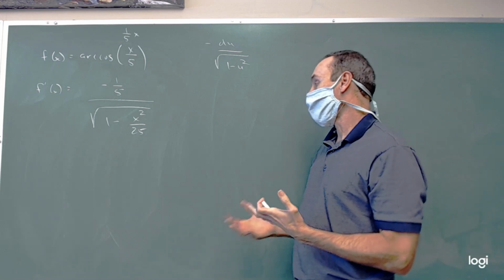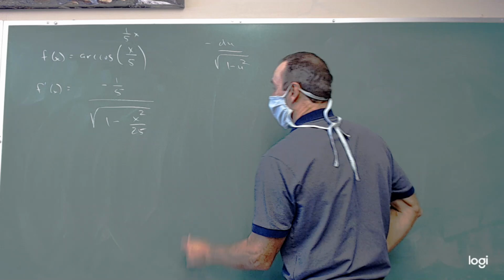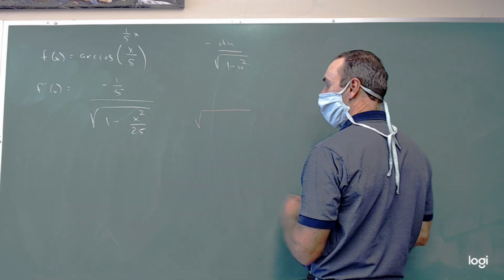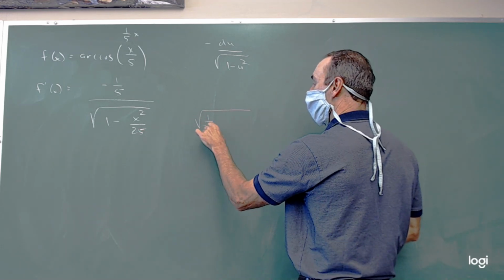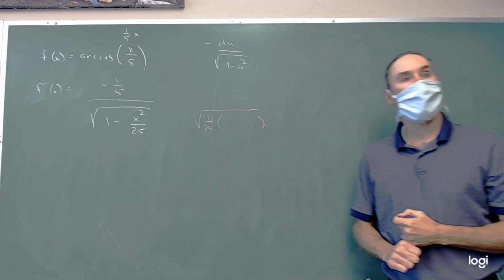Now, we can't leave fractions in fractions, so inside the radical, if we just focus on that, we're going to factor out a 1/25, the least common denominator.